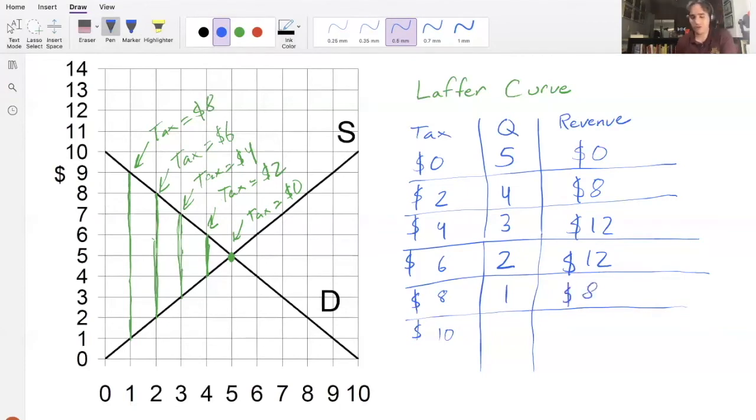And now our revenue starts falling. Then our final one, a $10 tax, fits in here. In fact, at this tax the quantity demanded is 0. The tax is so high that it completely shuts down the market, and our revenue generated here is 0.